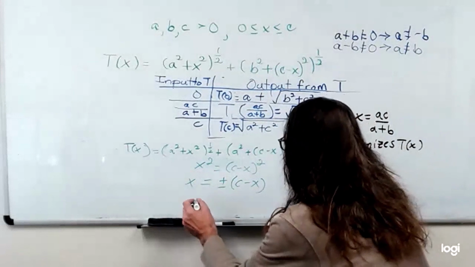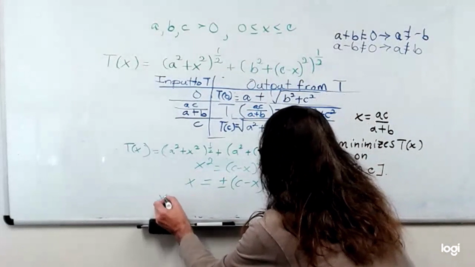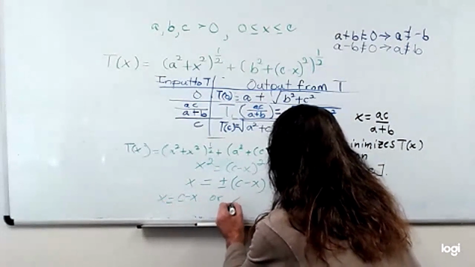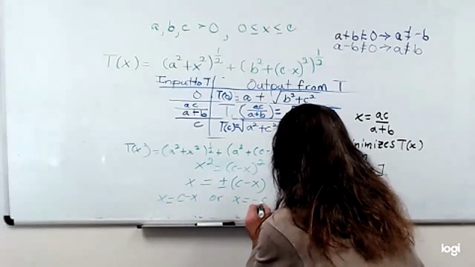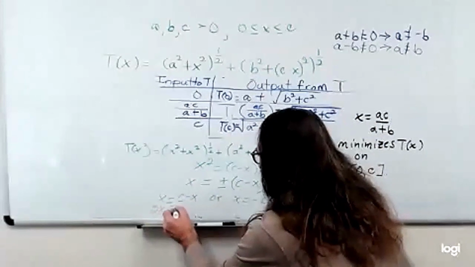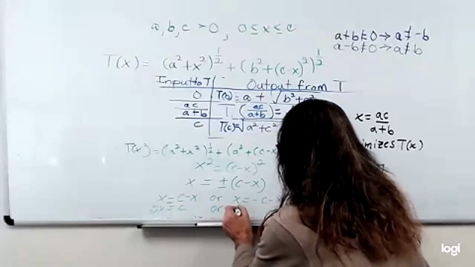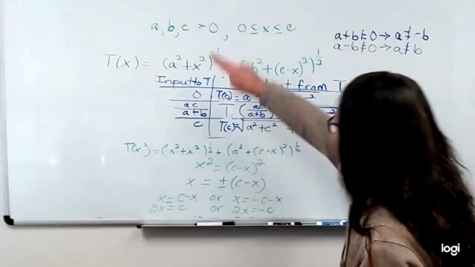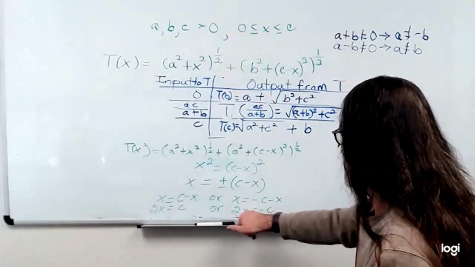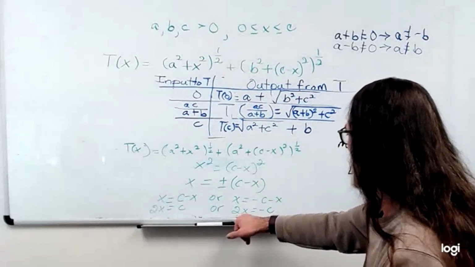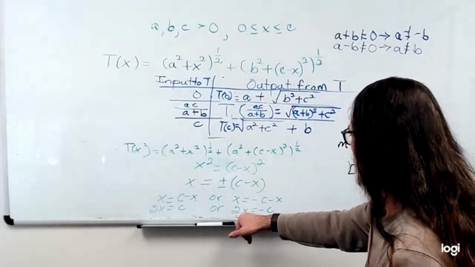Okay, so this means that either x is equal to c minus x, or x is equal to negative c minus x, giving us either 2x equals c or 2x equals negative c. C was strictly positive, which would make 2x equal to something that is strictly negative in the second case.